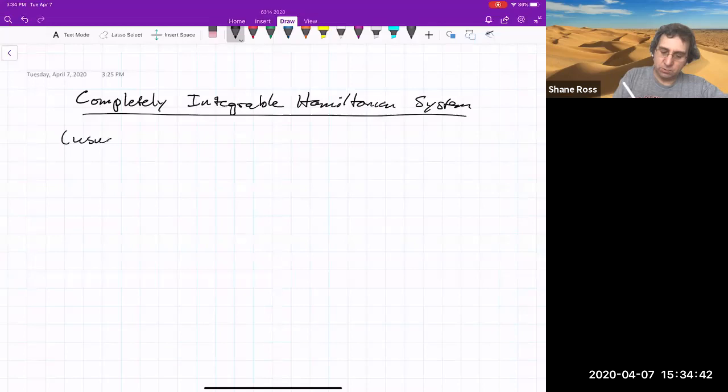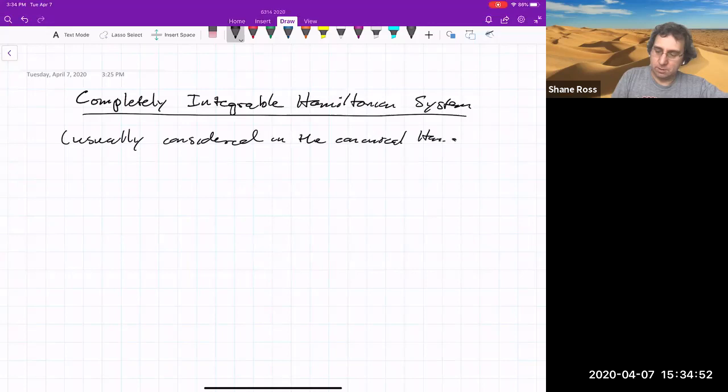And this is usually considered in the canonical Hamiltonian system context. So that's where you've got Q's and P's. It's kind of the usual way things go.